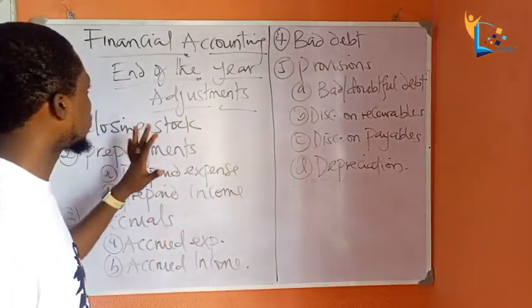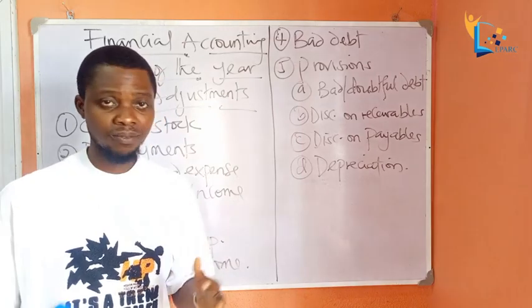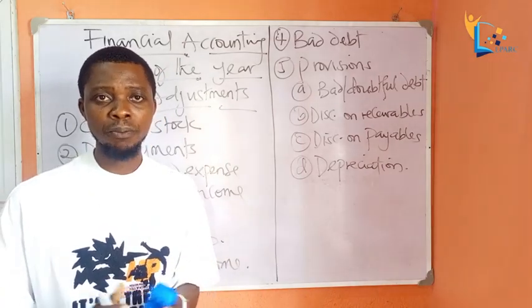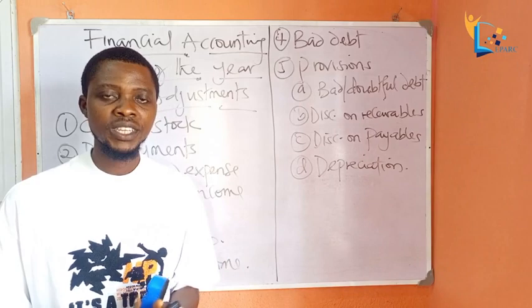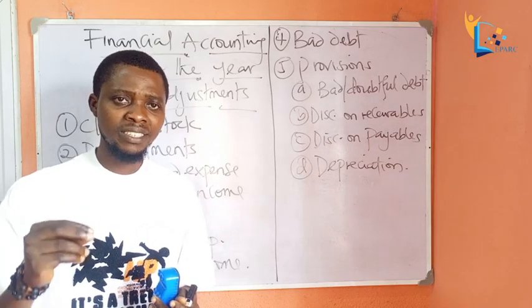Now, when we talk about end of the year adjustments, when the trial balance is being drawn up for the purpose of final accounts, it is necessary that some adjustments be made.